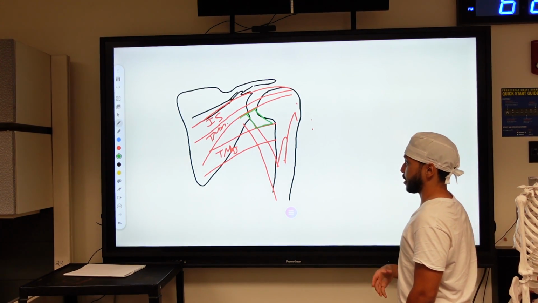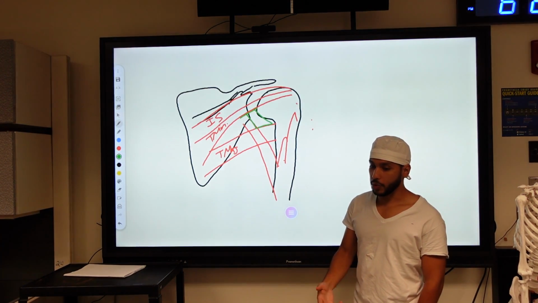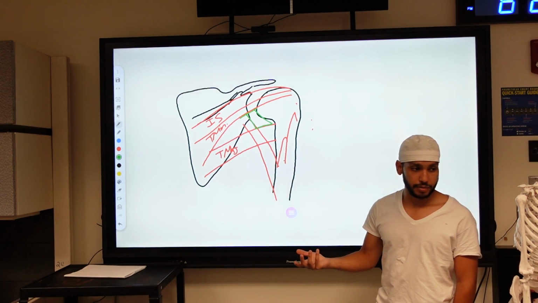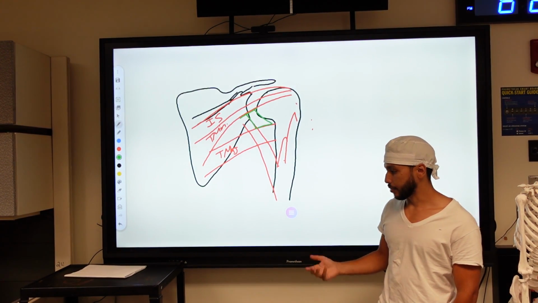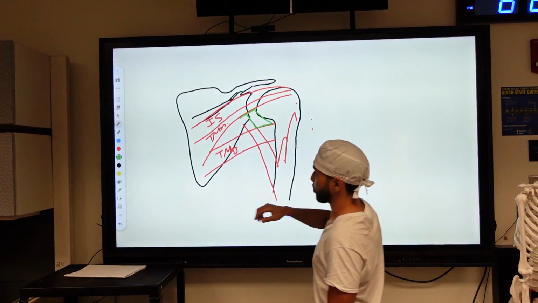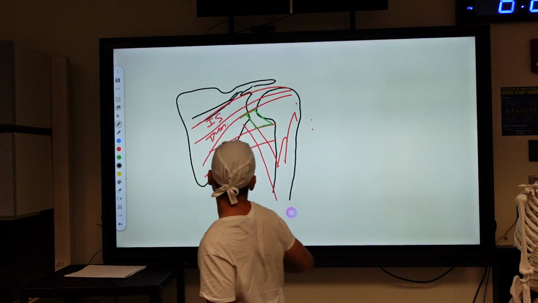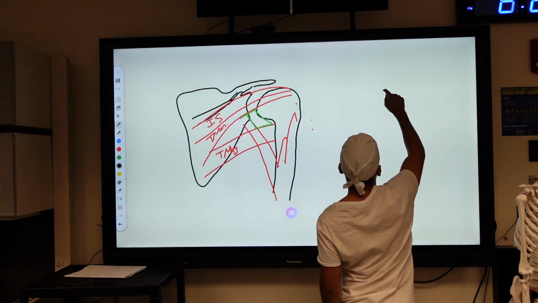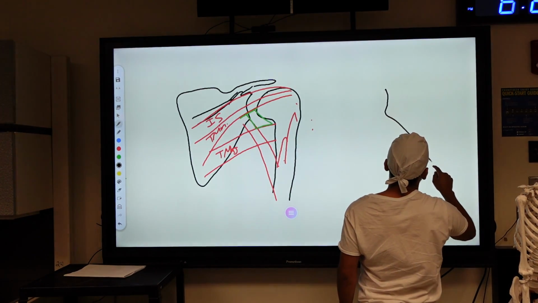Now, why am I stressing that? We could also look at this from the anterior side as well, right? If we flip this over and we look at it from the anterior side, what we'll see is we got a little glenoid fossa here.